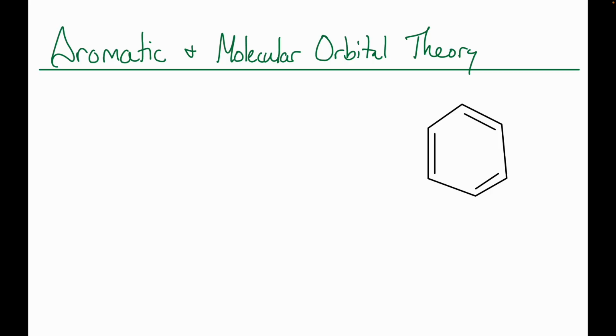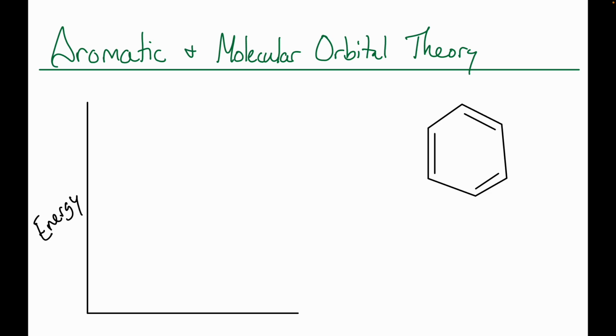All right, so how do we draw? So we're going to do the same thing. This is our goal, is to make our similar MO diagram where we represent those molecular orbitals and their relative energy levels. All right, but how do we orient those energy levels?